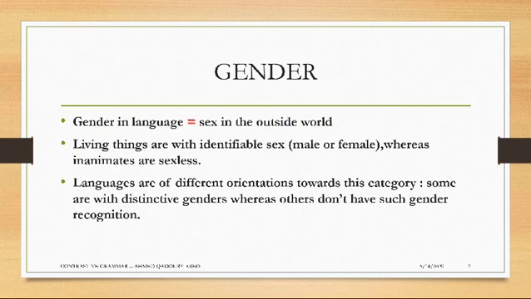And this is a problem also for translation, because when we come to translate inanimate things from English into Arabic or vice versa, there is a need for identifying their gender. Languages are of different orientations toward this category. Some are with distinctive gender markers, whereas others do not have such gender recognition.